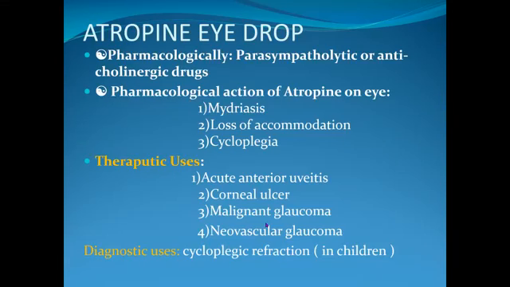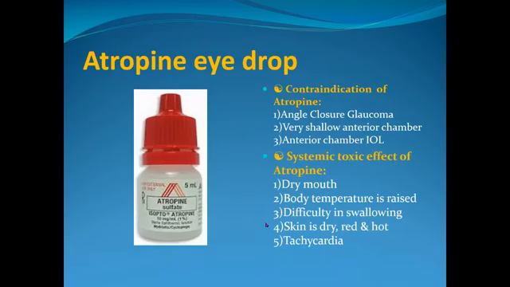This drop is very important. Again, we will repeat. There are questions like identification. When the question is identification, of course, properly write atropine sulfate, and the question may be when it is used.